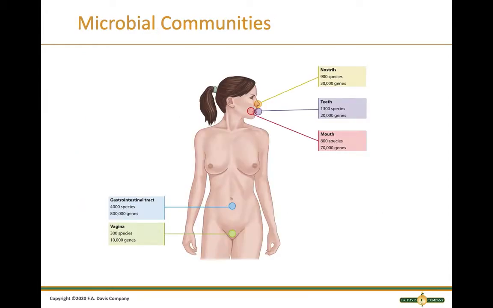Here's an example of some of the different communities. So that's different microorganisms in each of these different areas. The gastrointestinal tract has the most. You can see there's differences between the nose and the mouth, even between the teeth and the mouth, and on the skin, and they're different everywhere.